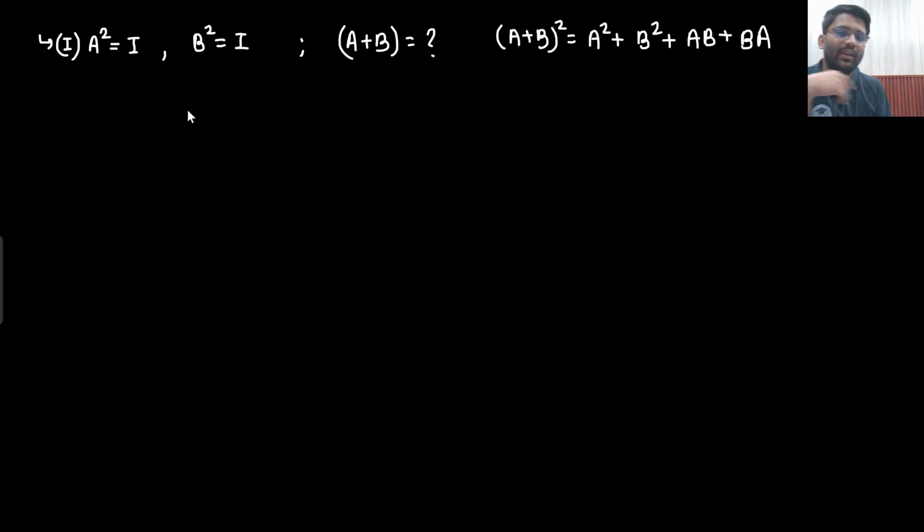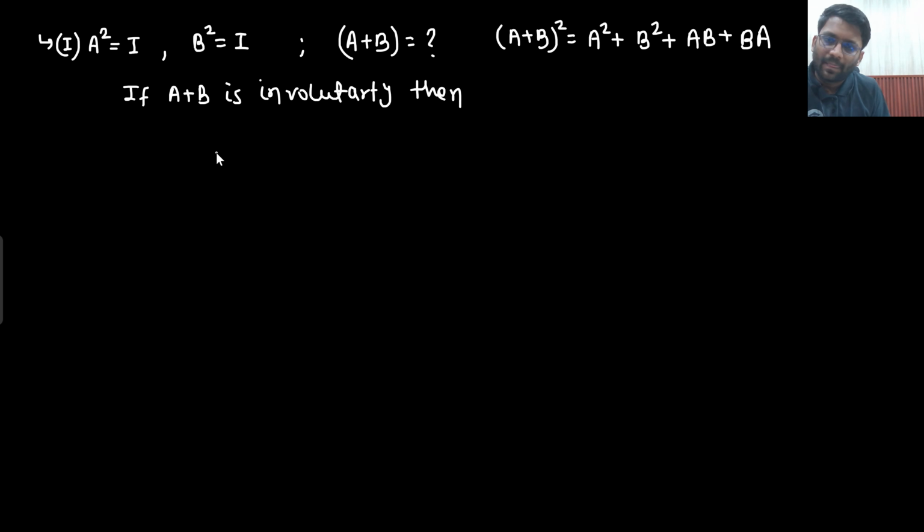And if A plus B is involutory, then A plus B whole square should be equal to I, right?